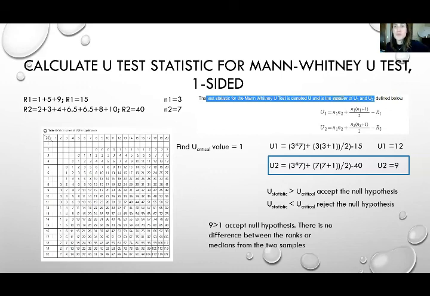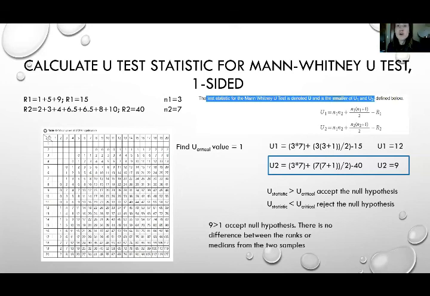In the column on the left side, you see N1. That is the number of observations in our first group, which was contamination. So that number is 3. And then the top row gives the number of observations in group N2, which was 7.